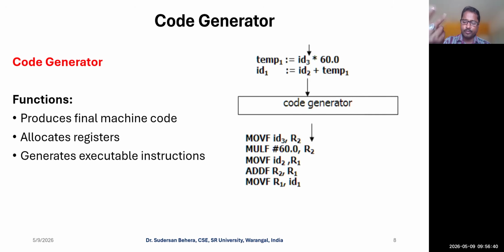R1 is nothing but the room, the register which is holding the value. Just imagine it is a room where previously one variable was there, now a second variable is added, and the result is also placed in the same room. Now R1 is holding the entire result. But my question is, can we hold the result permanently in R1?